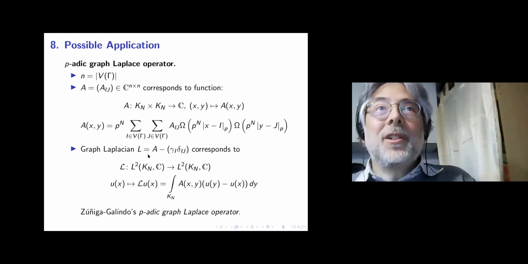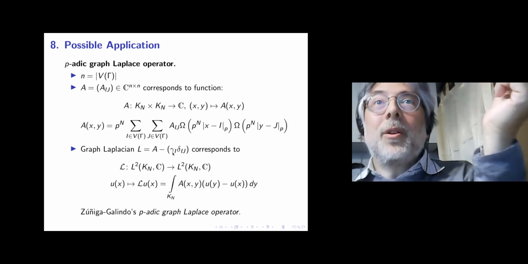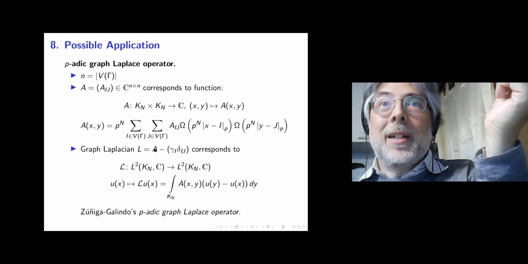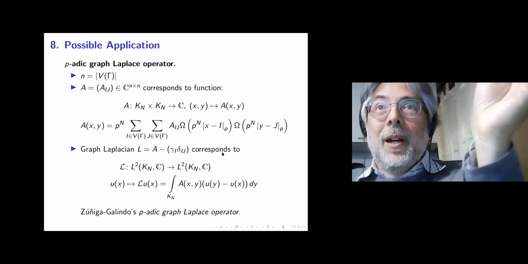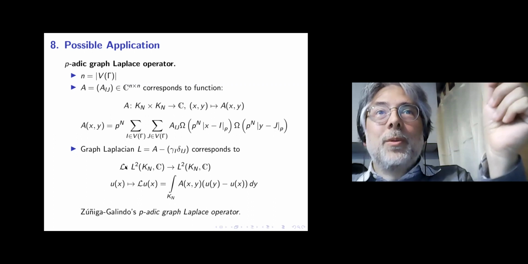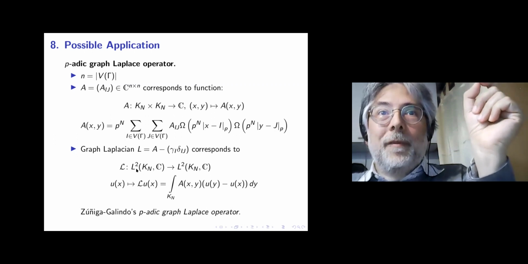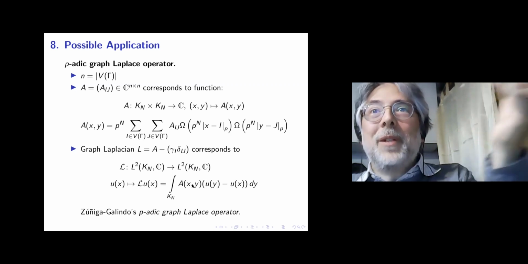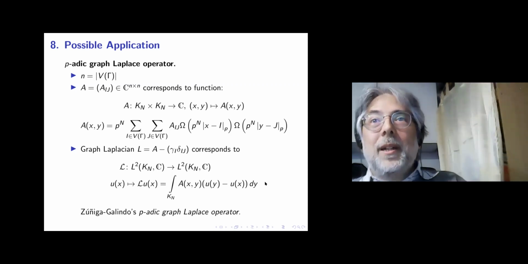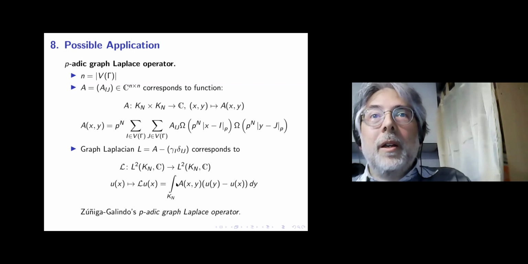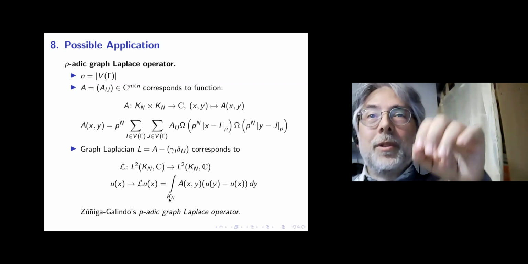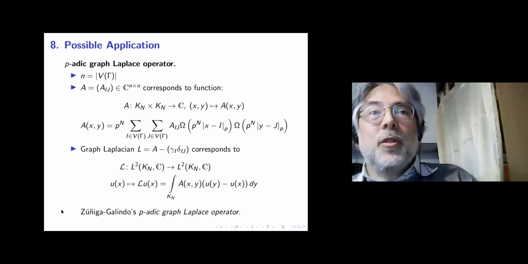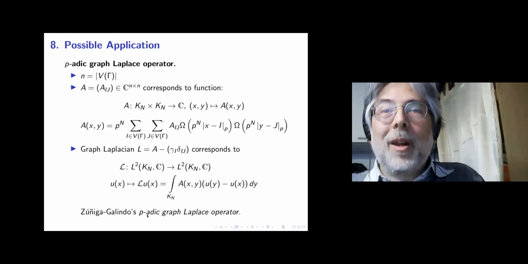And the graph Laplacian is just a special case, and that corresponds to A minus some degree matrix, corresponds to this linear operator, by taking the usual integral with the A function from the matrix, times u(y) minus u(x) dy, where the integral is restricted to Kn. This is Zuniga-Galindo's p-Adic graph Laplace operator.